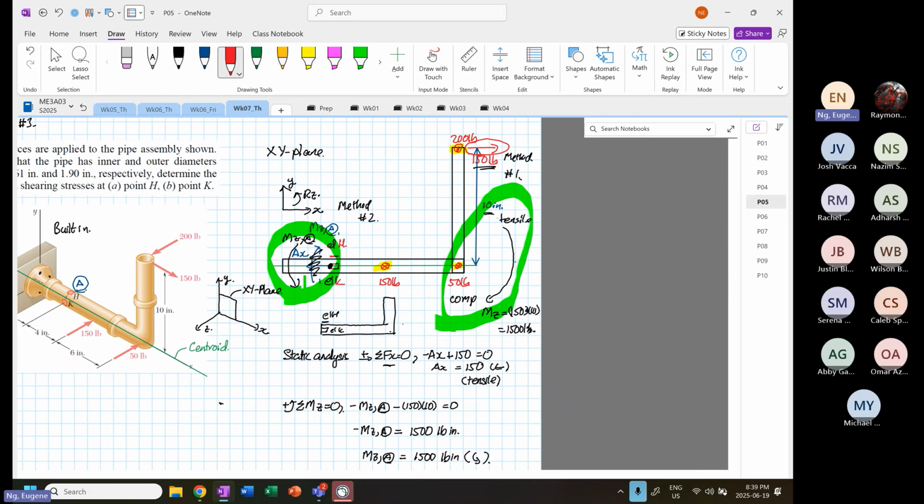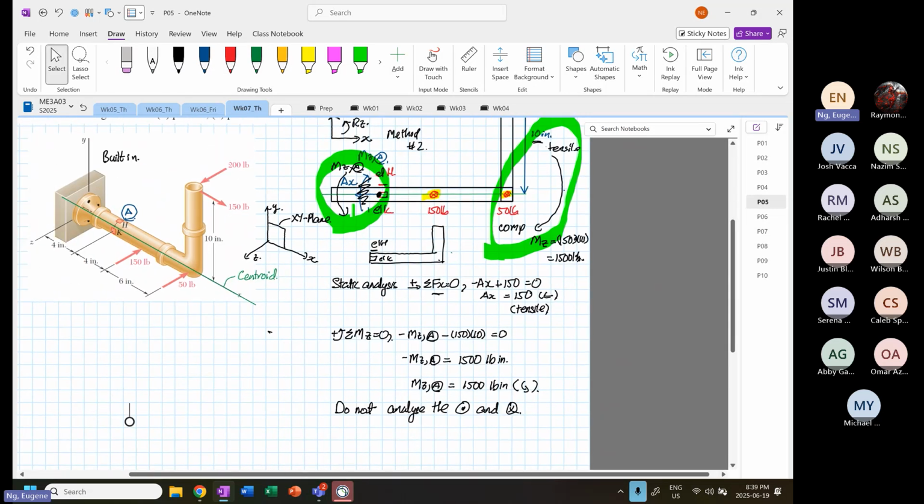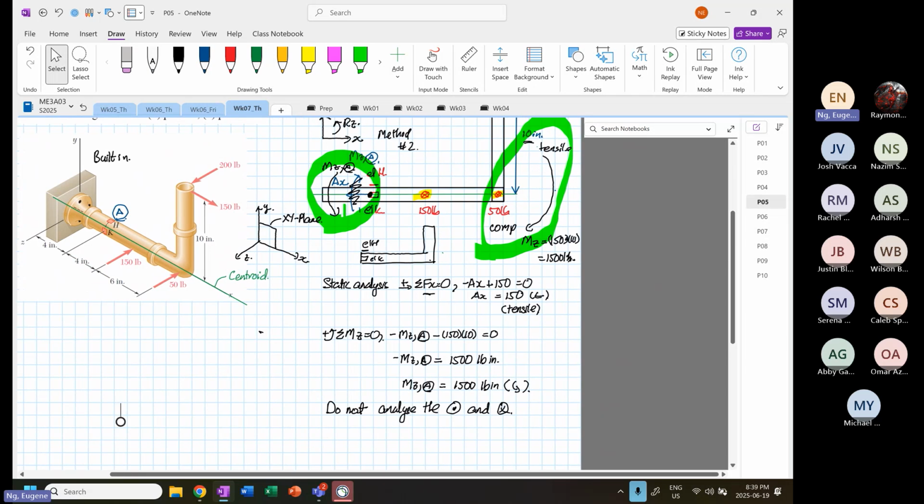Okay, so now we have discovered we have a moment in the Z direction, and the moment in the Z direction is in this orientation, which is compression and tensile.